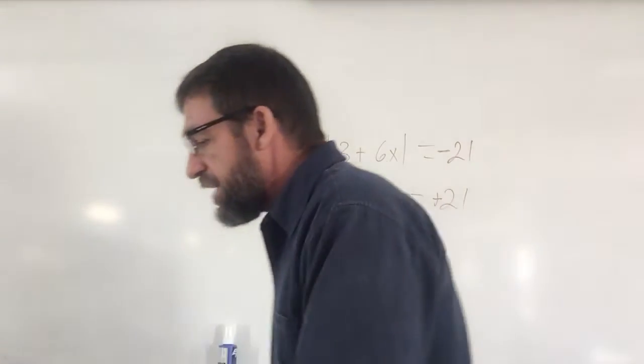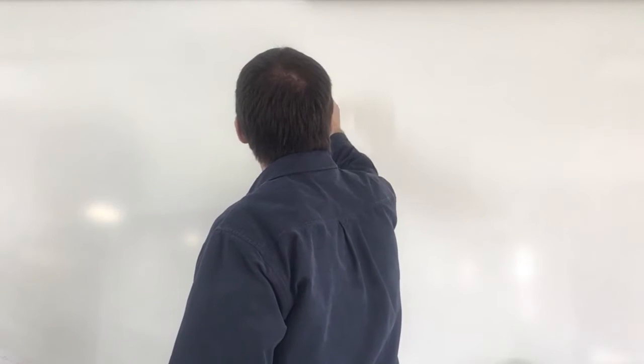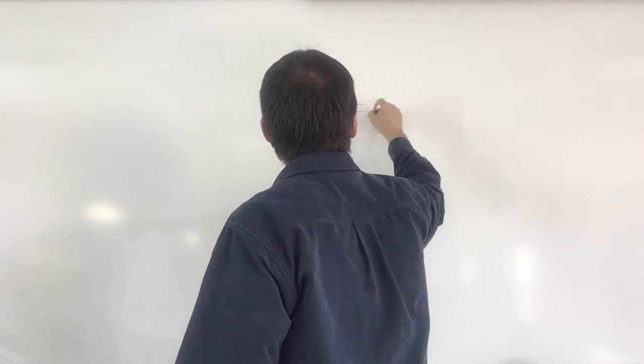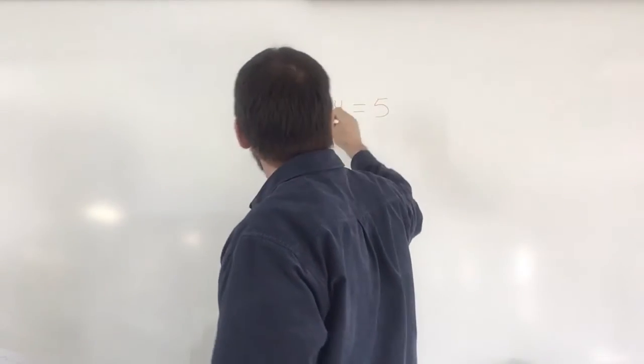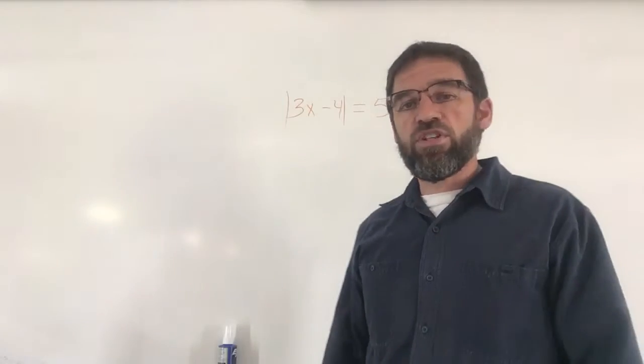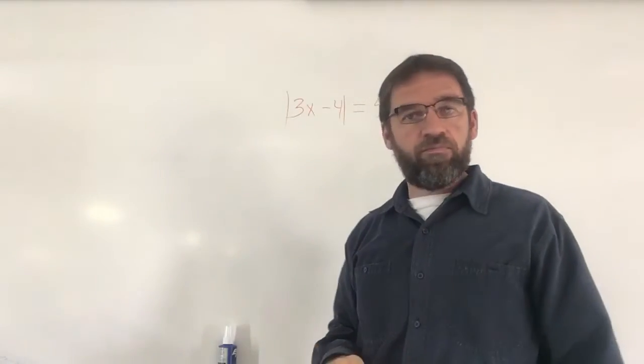Number 1, |3x - 4| equals 5. Okay, the first question is there anything I can solve outside the equation box?